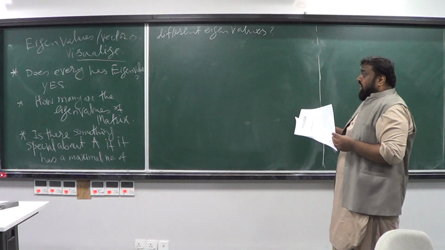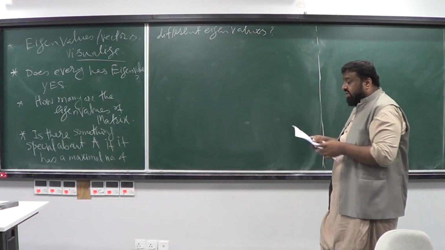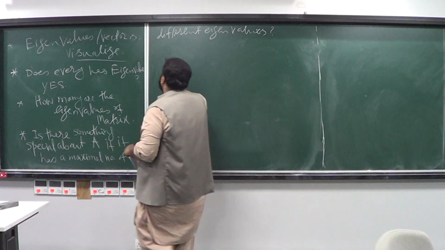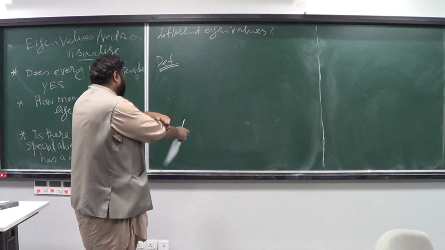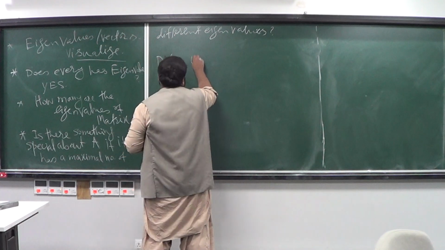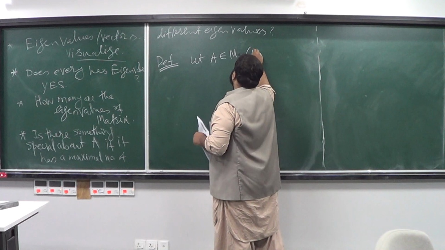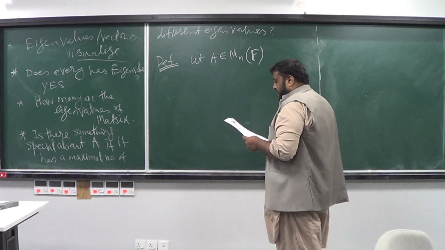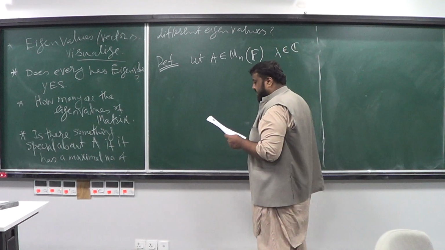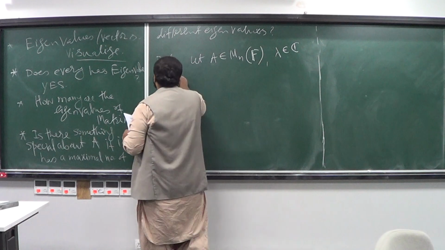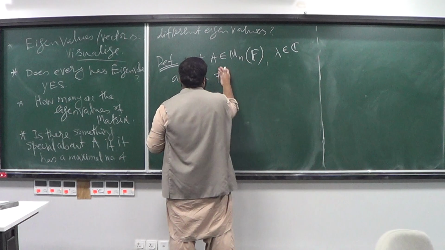So let's just start with, for example, the definition of eigenvalues. I hope you already know the definition, and we'll try to interpret it in many different ways. So if you have a given n by n matrix A with entries from F, which may be real or complex, then a number lambda from the set of complex numbers, and a non-zero vector x.